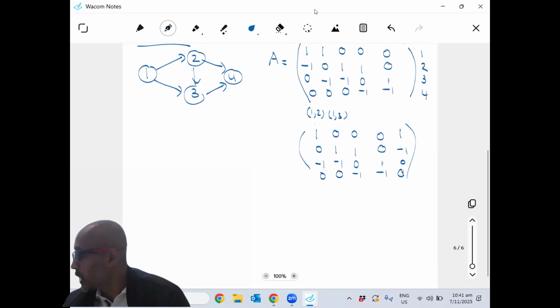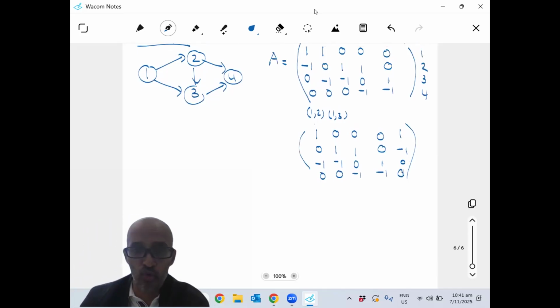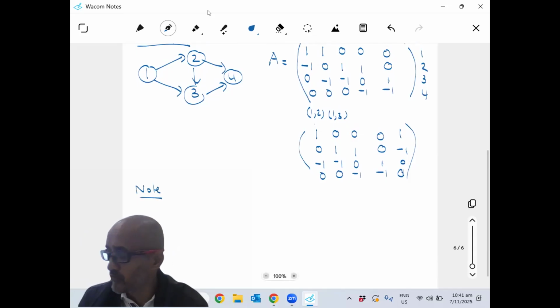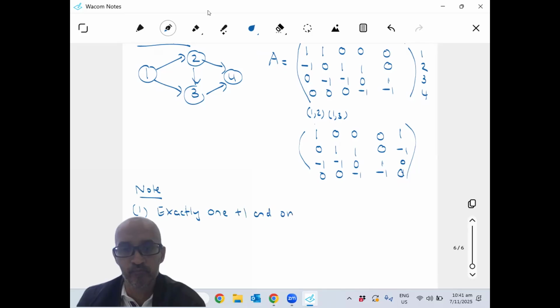Now, a couple of notes here. Note 1: exactly one +1 and one -1 in each column.